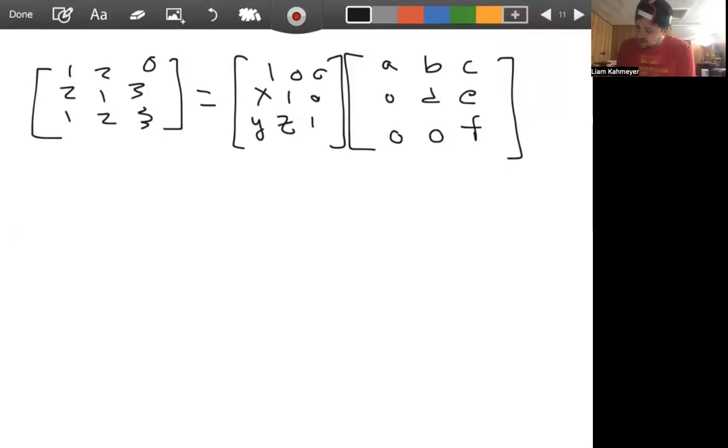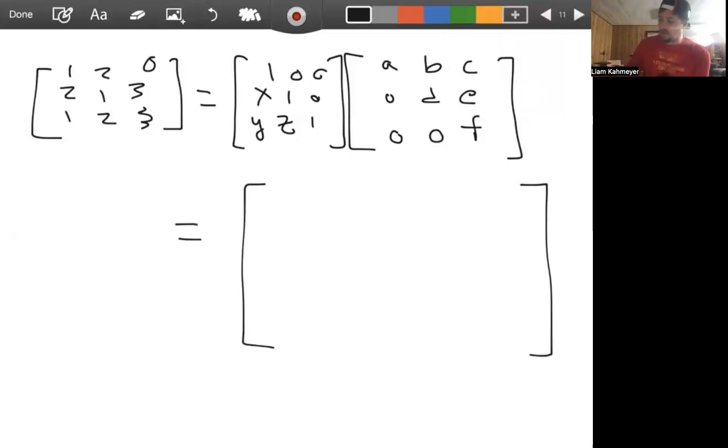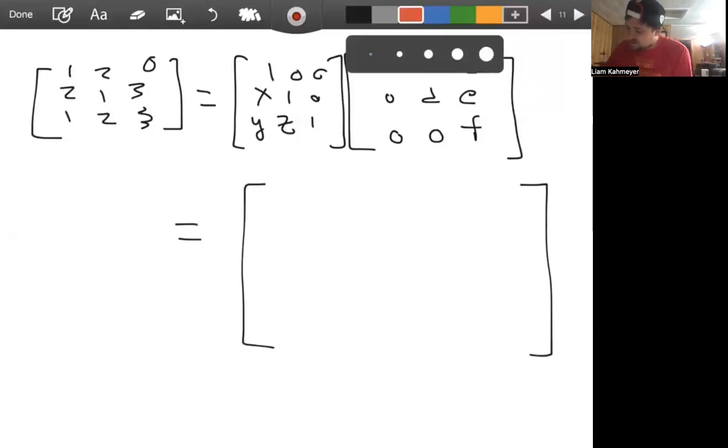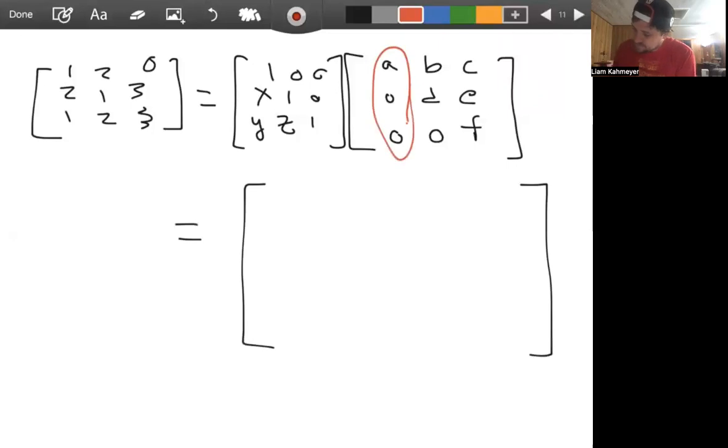Well, to do this, let's multiply this out on the right. We know how to multiply two matrices. We take the first column and take the dot product of that column with the first row vector.